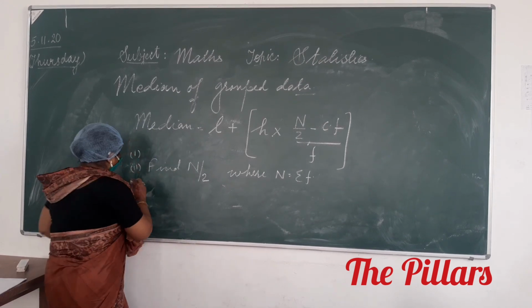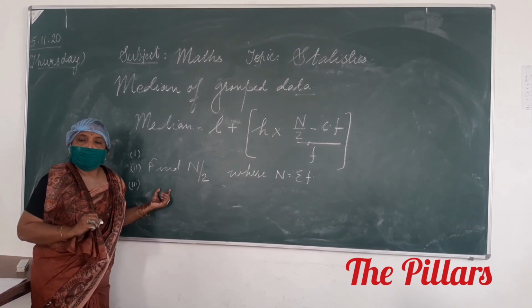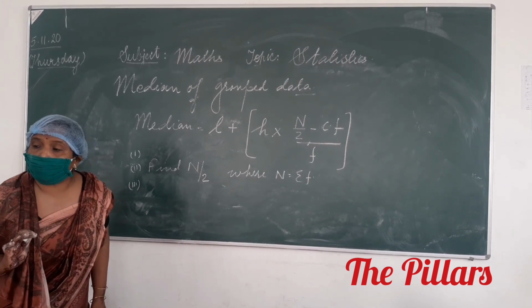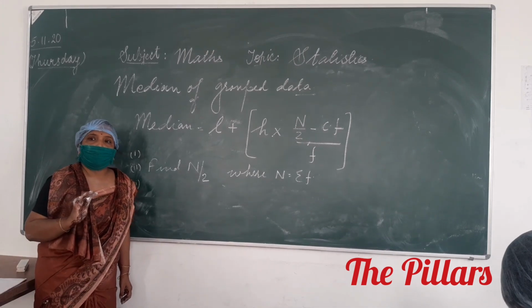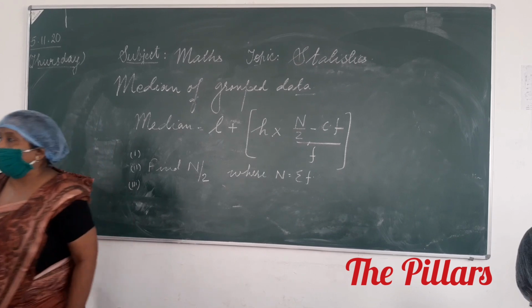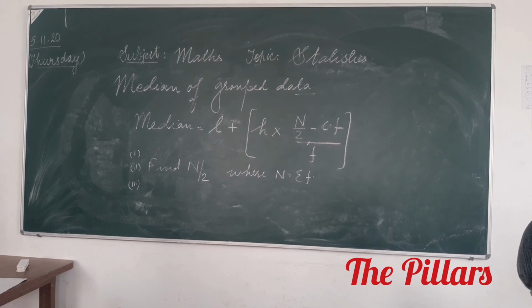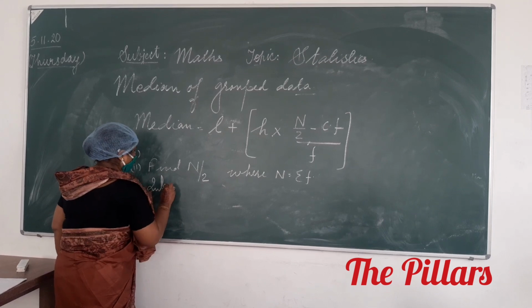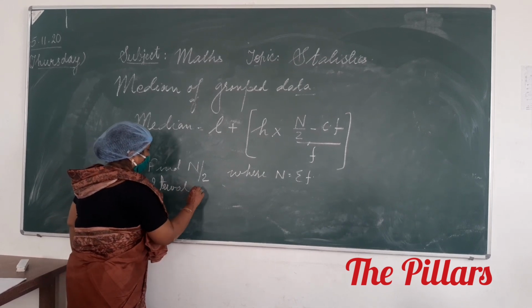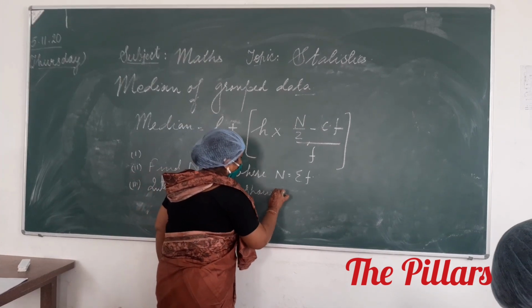Third step. Choose the interval which shows more than n by 2. Choose the interval which shows what?